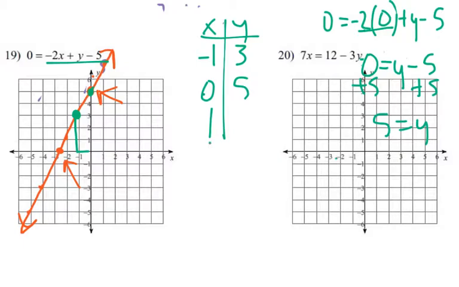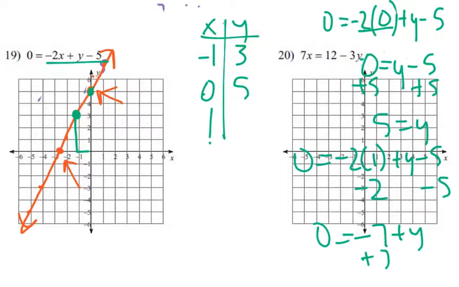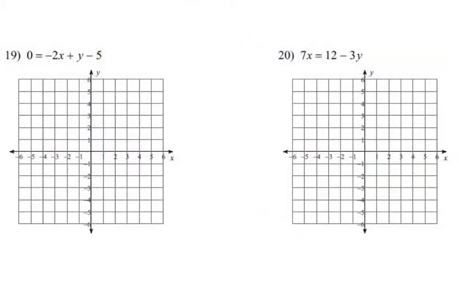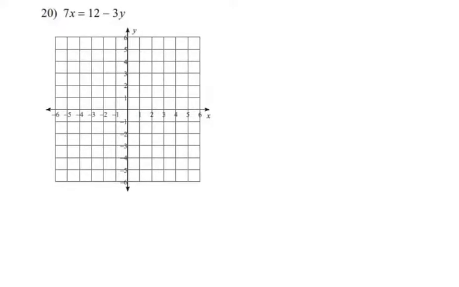If we did it for 1, negative 2 times 1 plus y minus 5, negative 2 times 1 is negative 2, negative 2 minus 5, negative 7 plus y equals 0, add 7 to get the y by itself, 7 equals y. If we went up 1, 7 is where we'd end up. Either method works. You get to choose. It's what you feel more comfortable with.